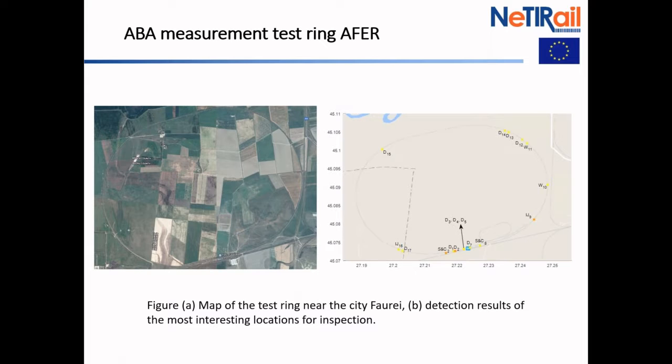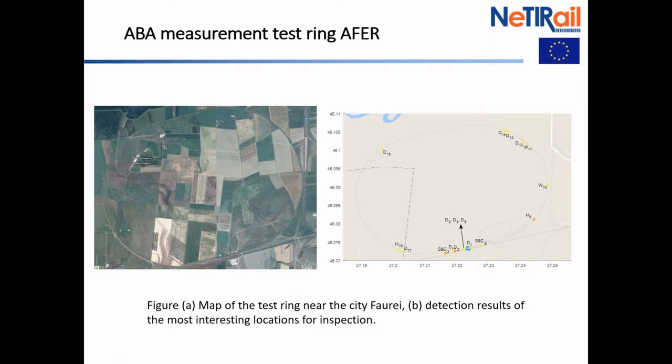We found, of course, the insulated joints. We found also the switches that are over there, because then we have different vibration energy. And we covered also the rest of the rail, and we found in total 17 defects. Most of them were wheel burns.